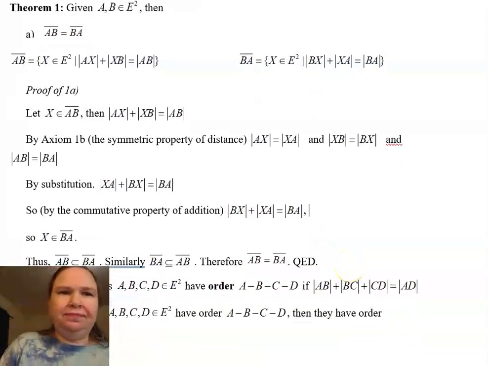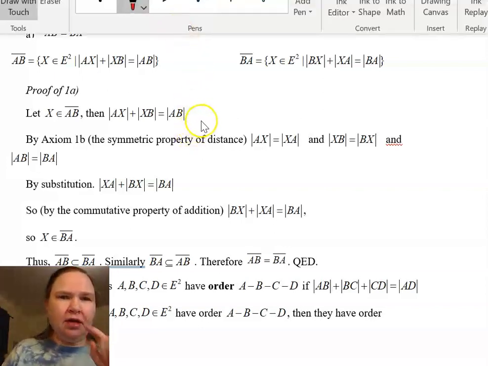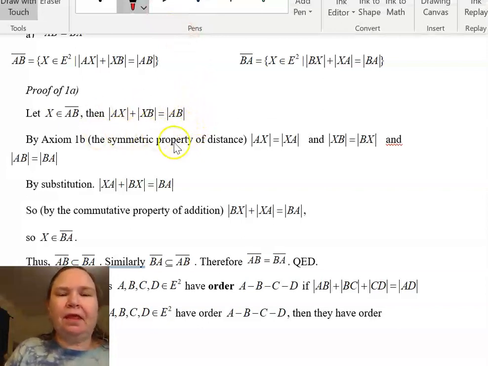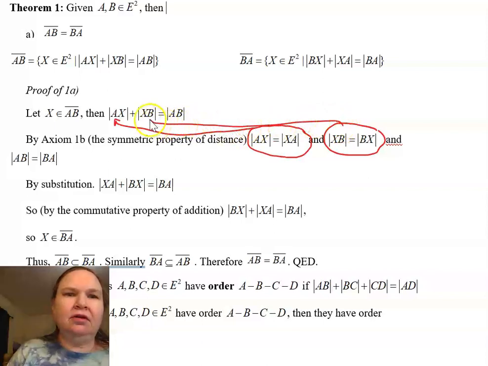All right. I'm going to do a little drawing and highlighting here before we go on to the final line. So I use the symmetric property of distance 3 times, and I plug in to the equation from the definition of AB.